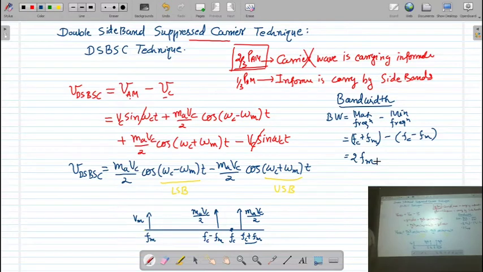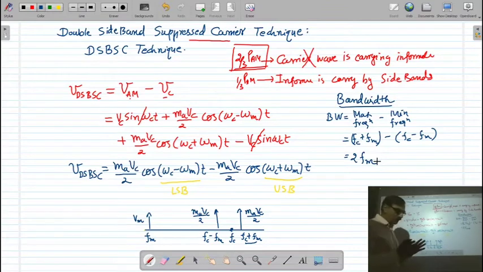In an amplitude modulated wave also, we have seen the bandwidth is 2 Fm, and the same bandwidth holds for the DSBSC wave. So there is no change in the bandwidth of the signal. Correct?